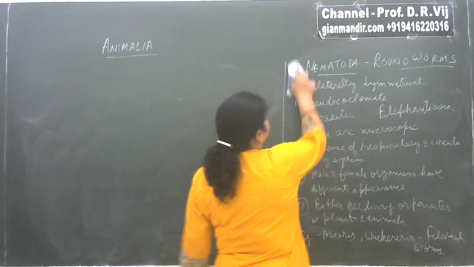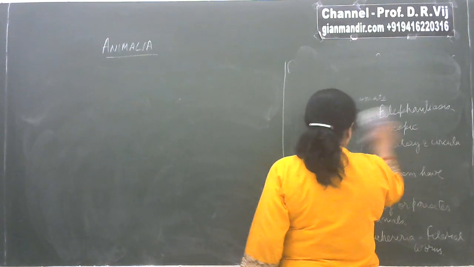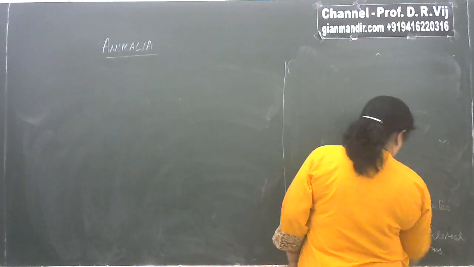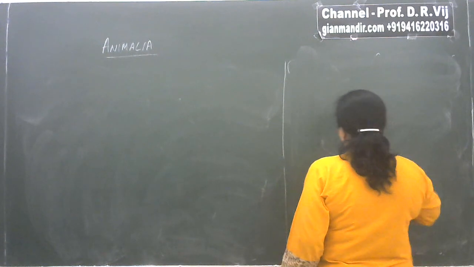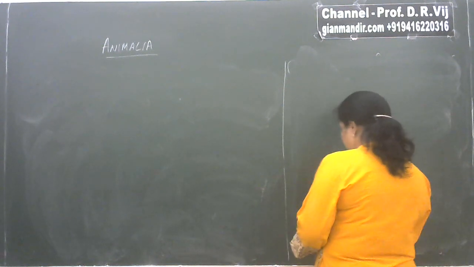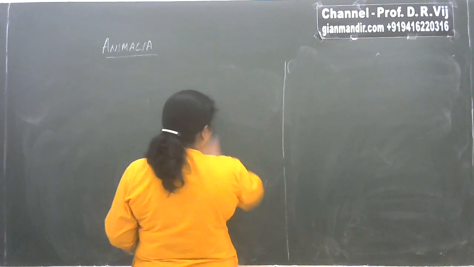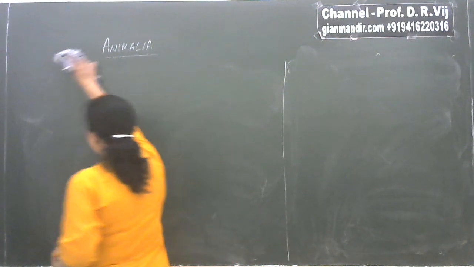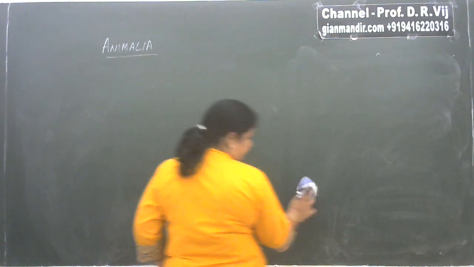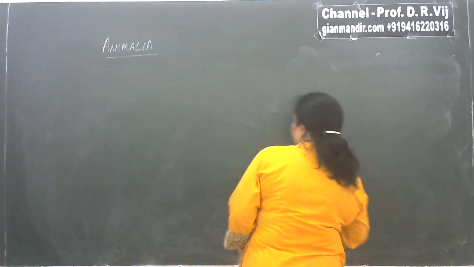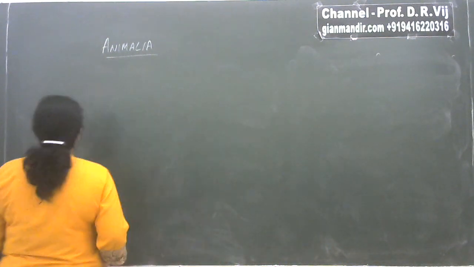And after Annelida, we will discuss the next phylum, Mollusca. Annelida, Mollusca and Arthropoda all belong to the group known as schizocoelomate, depending upon the mode of development of their coelom. So here first we start with phylum Annelida.